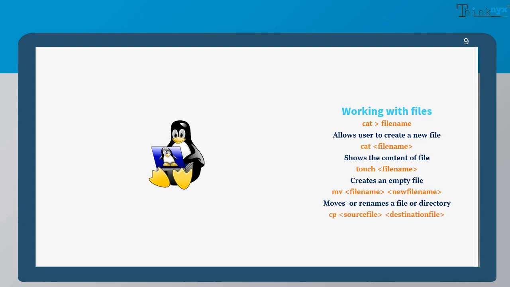cp source file destination file copies the file or groups of files or directories. It creates an exact copy of a file with a different file name.